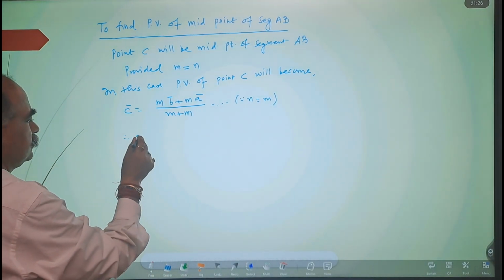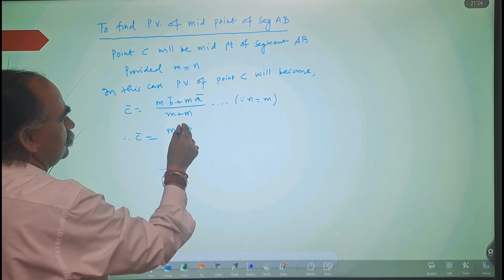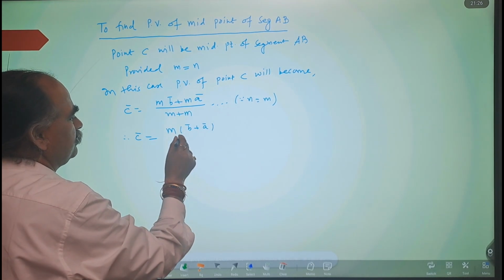Therefore, C bar is, m common, B bar plus A bar upon 2m.